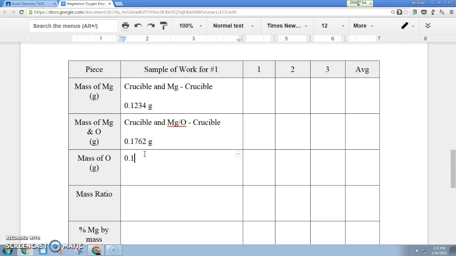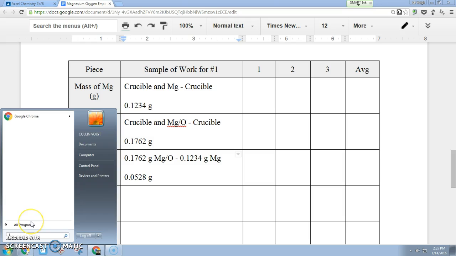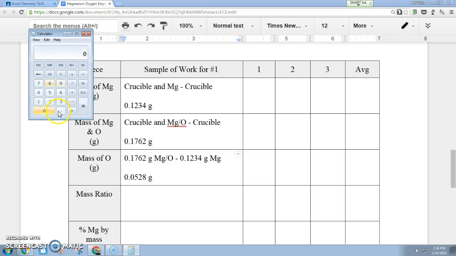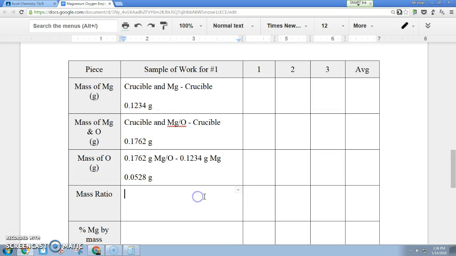So in this case, I would do 0.1762 grams, which was magnesium oxide, minus 0.1234 grams, which was just my magnesium, and that would tell me that my oxygen weighed... let me get out the calculator. 0.1762 minus 0.1234 is 0.0528. Awesome.